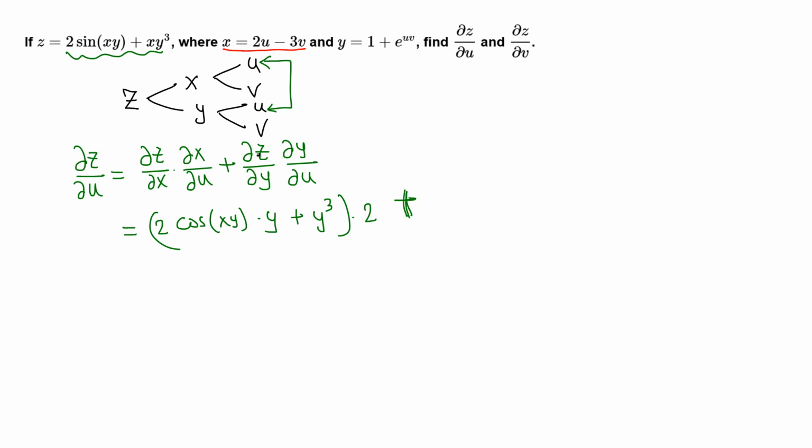now we find partial of g with respect to y. This is the g function, partial with respect to y. So again 2 sine is cosine, so 2 cosine xy times partial with respect to y is x, plus partial with respect to y, see x is a constant, 3y squared, so 3xy squared, that's the part, times the final partial of y with respect to u.